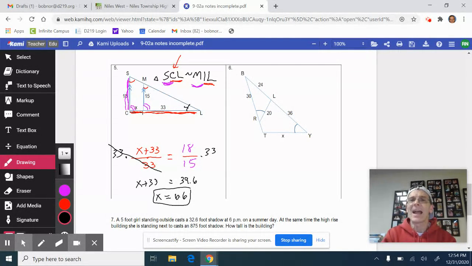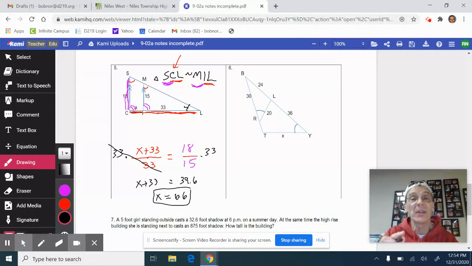All right. I need to identify at least one more pair of congruent angles. Okay. I know that angle R in this little triangle corresponds to angle Y in the larger triangle. And you might be able to judge visually where there's another pair of corresponding angles. Okay.